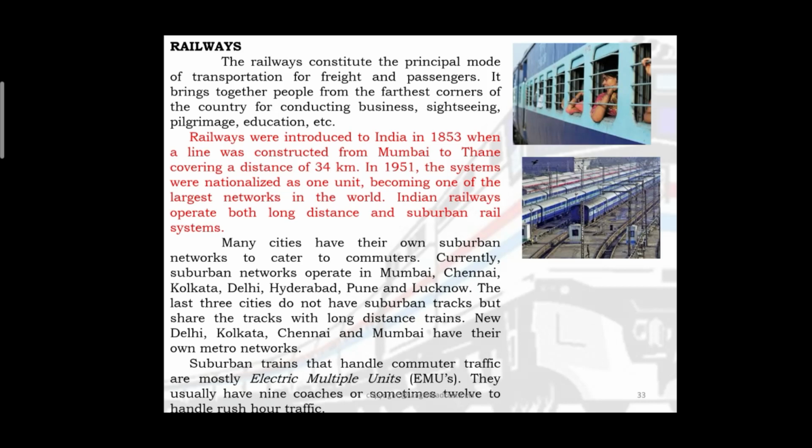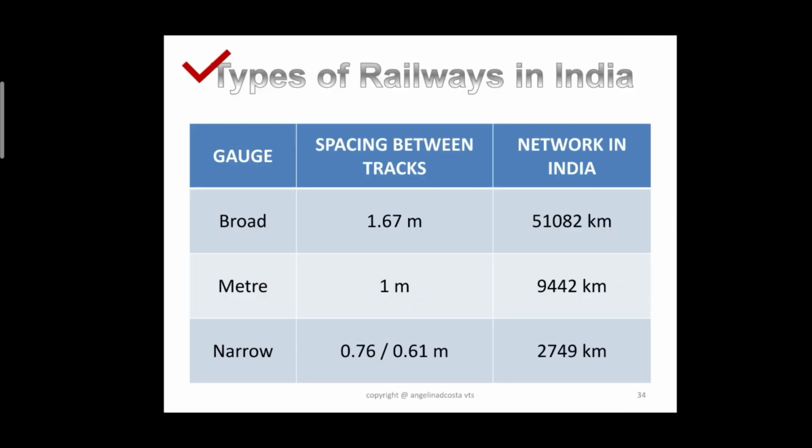Broad gauge, 1.67 meters. Usually we find the narrow gauge lines in hilly regions. Meter gauge around India, usually diesel engines go on meter gauge. And broad gauge, we are now going more towards broad gauge electrification, electrified engines.